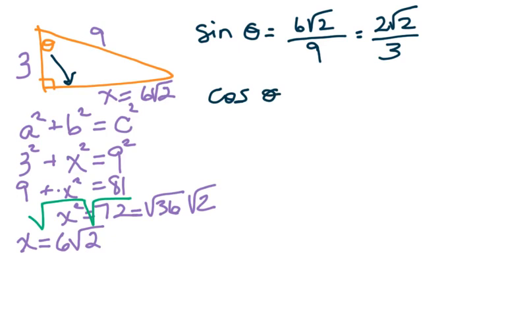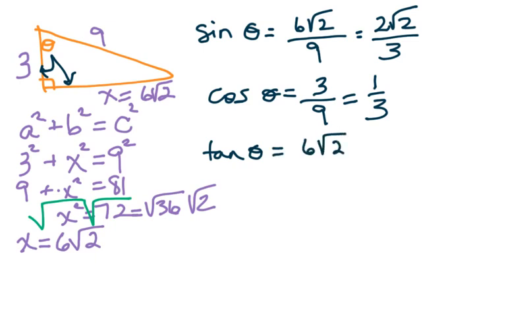Cosine theta is going to be the adjacent over the hypotenuse. Again, you're going to have to reduce that fraction. And then tangent of theta is your opposite over your adjacent. Again, you'll have to reduce. That'll be 2 root 2.